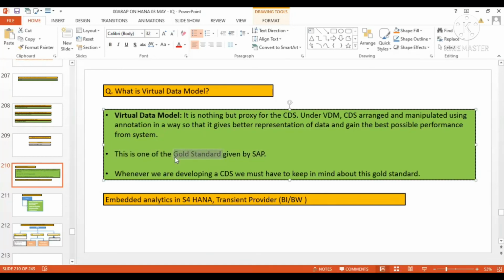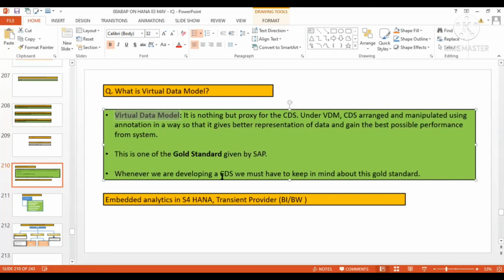Okay, that's why it is the golden standard, because all these three things we are going to achieve over there. Just write here in the chat box: reusability, modularization, and the performance effectiveness. This is the reason why virtual data model is here in the picture.